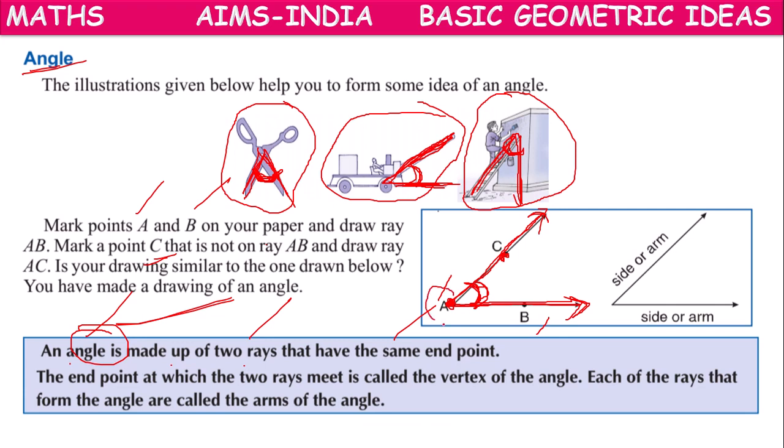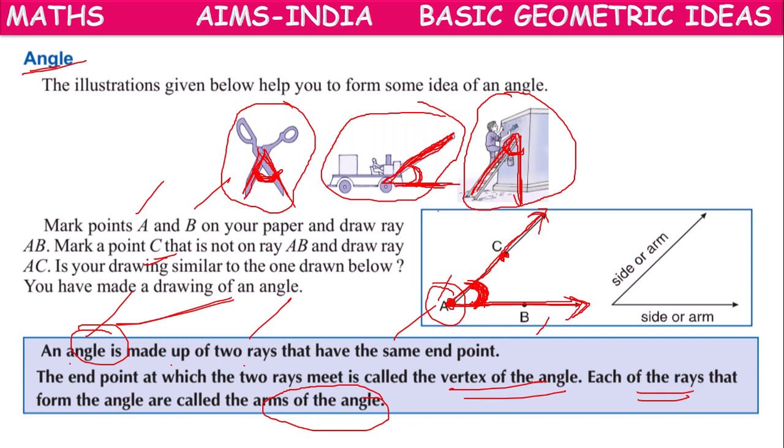The endpoint where the two rays meet is called the vertex of the angle. And each of the rays, this AB ray and AC ray, are called arms of the angle. The angle will tell through how much inclination they are apart from one another.